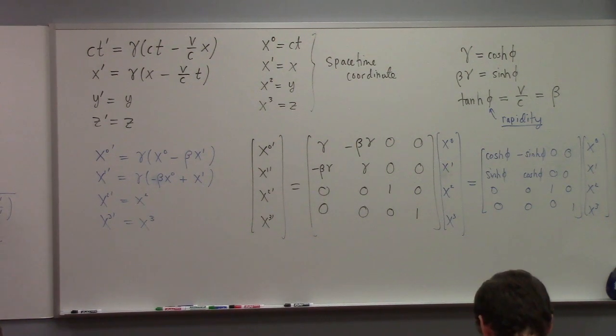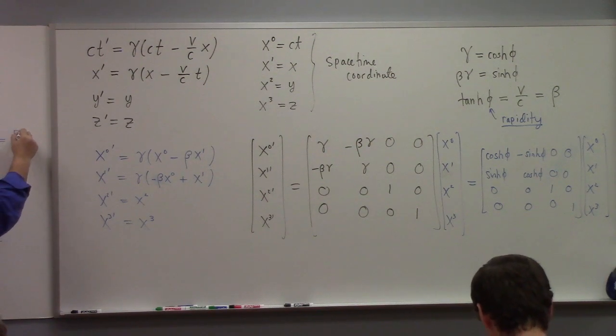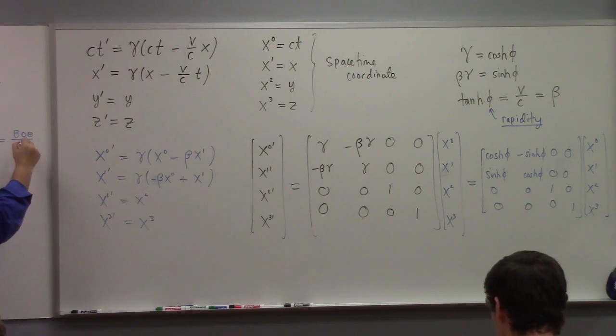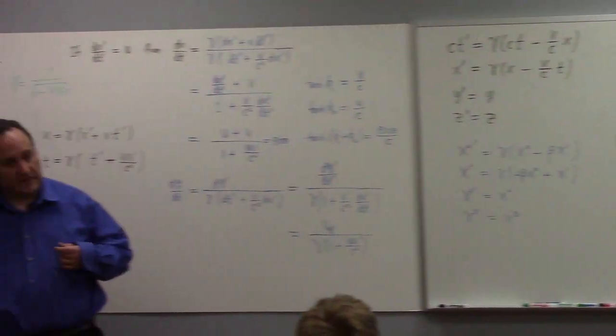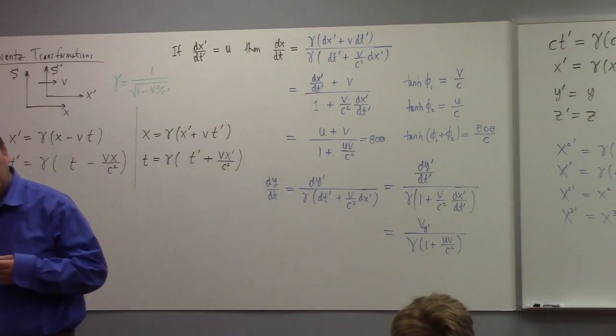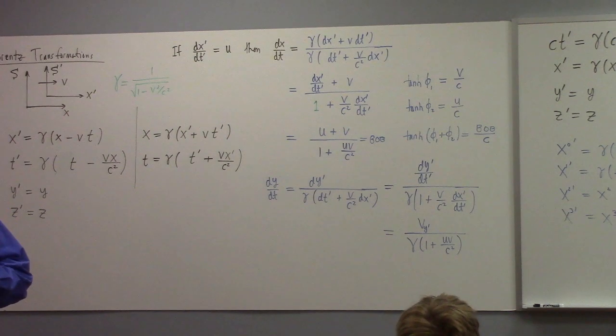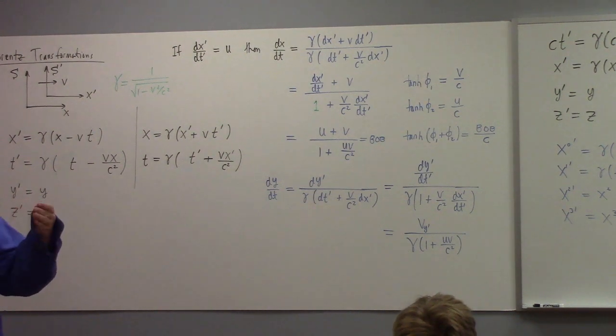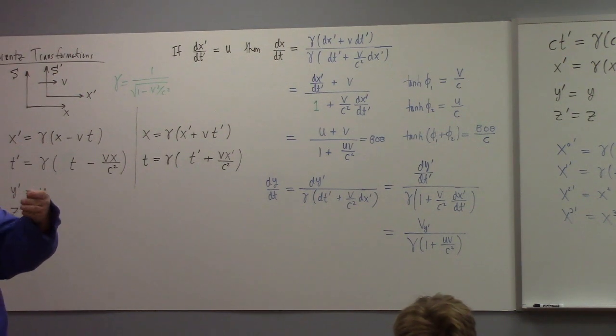Then, I need to give this thing a name, let me call this Bob. The tangent of phi 1 plus phi 2 is equal to Bob over c. In other words, the rapidity of a moving object with respect to the lab frame is equal to the rapidity of the moving object with respect to the moving frame plus the rapidity of the moving frame itself with respect to the lab frame.